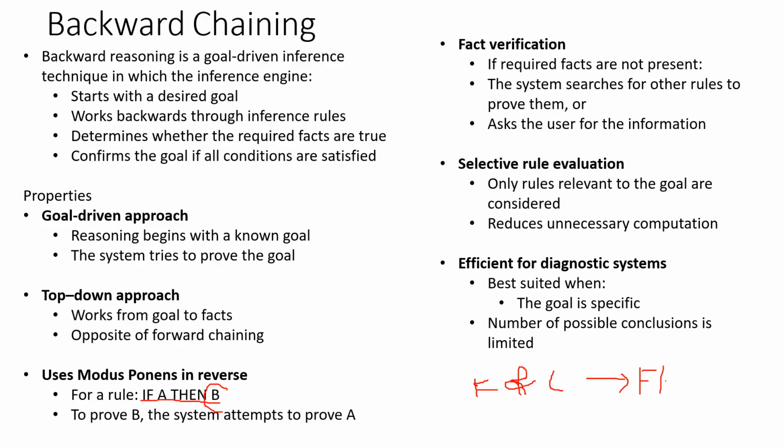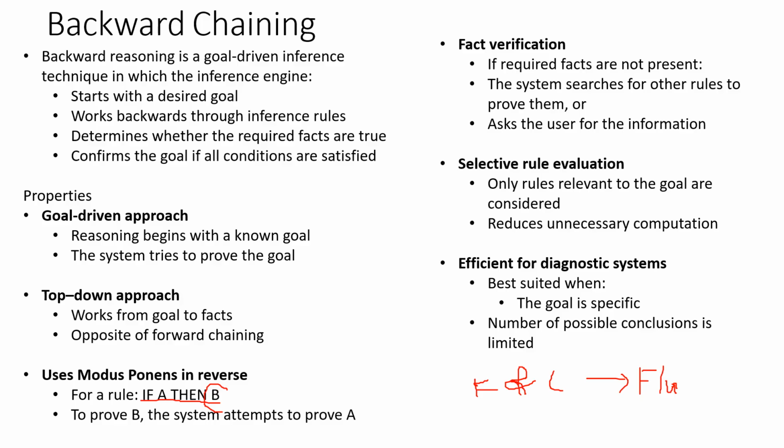Our goal state is flu, so we take flu equal to true. To prove flu we have to check, is fever true, is cough true. If facts are missing, we can ask the user or try another rule. If these facts are there, then the goal state is true.